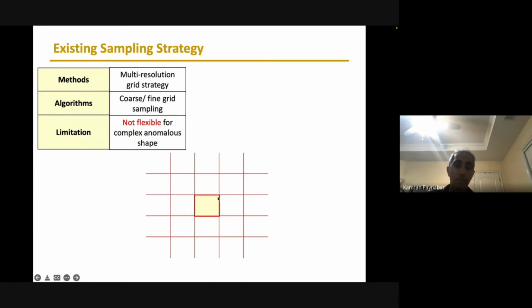After finding a problem in one square, they do fine sampling. They focus on that square and try a finer grid inside it. So this is the multi-resolution grid strategy. The limitation is that it is not flexible for complex anomalous shapes.